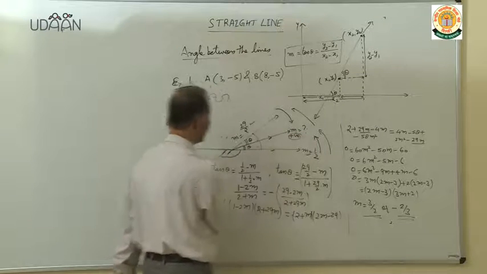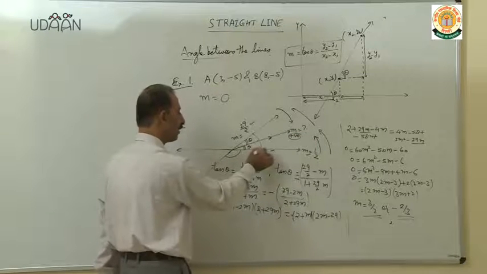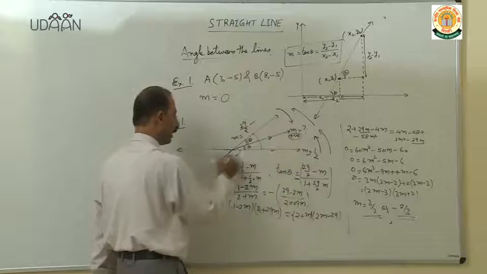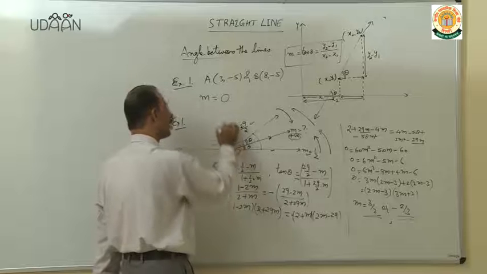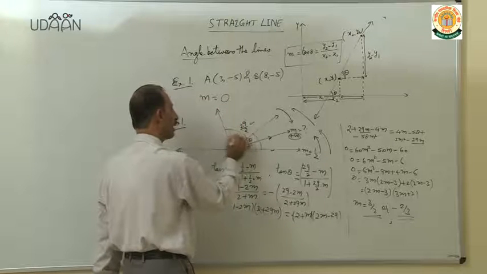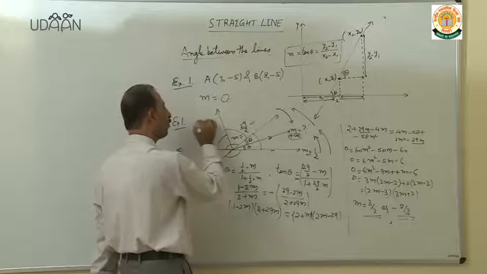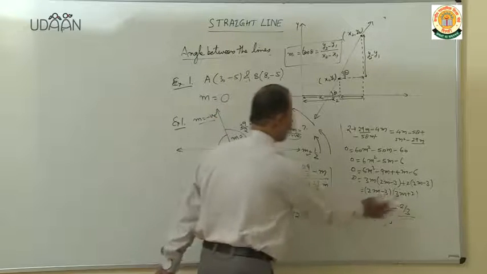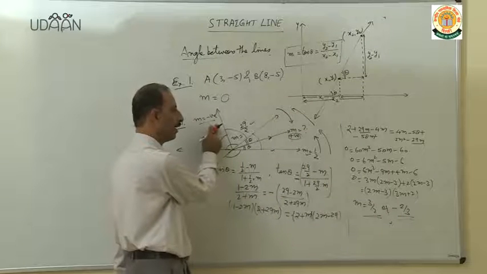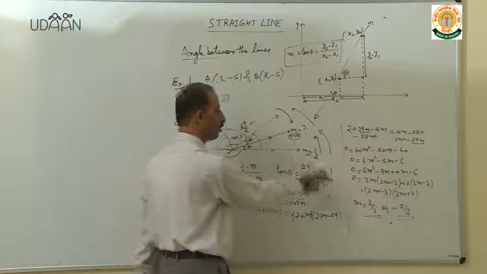And another angle: what is the angle between these two lines? This is the first line, second line, and this is the angle. If you are finding the bisector of this angle, the slope of this line will be negative, that is minus 2 by 3, and the slope of this line is 3 by 2.